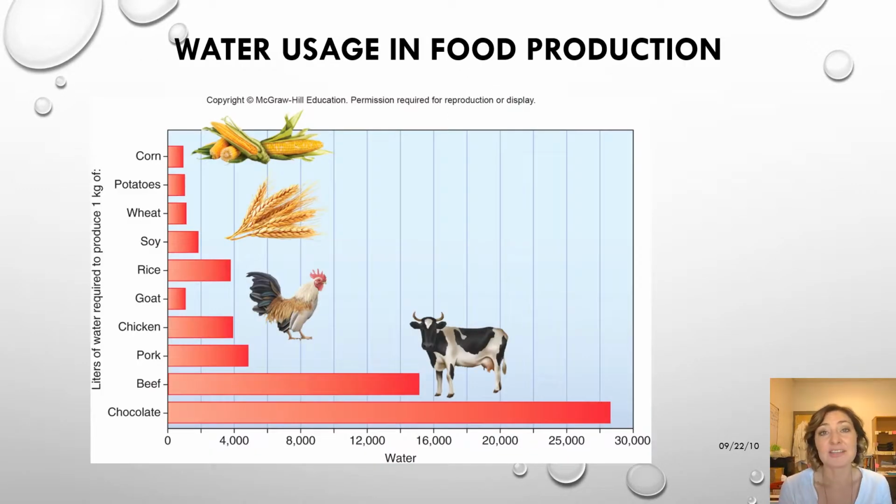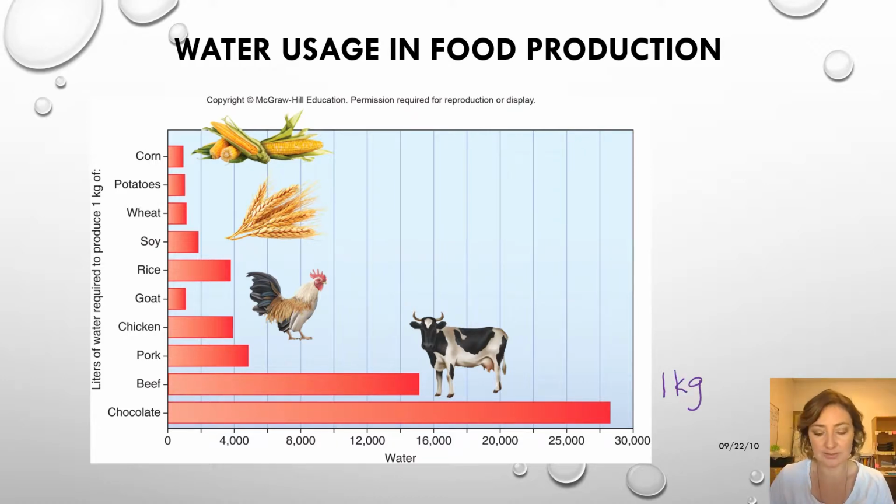Love this graphic because it gives us a visual about how much water is used in food production. On the last slide, we talked a lot about beef and beef products versus goats versus potatoes and corn and rice. But this gives us a very visual representation. What you're looking at here is the amount of water required to produce 1 kilogram of food from each of those sources.